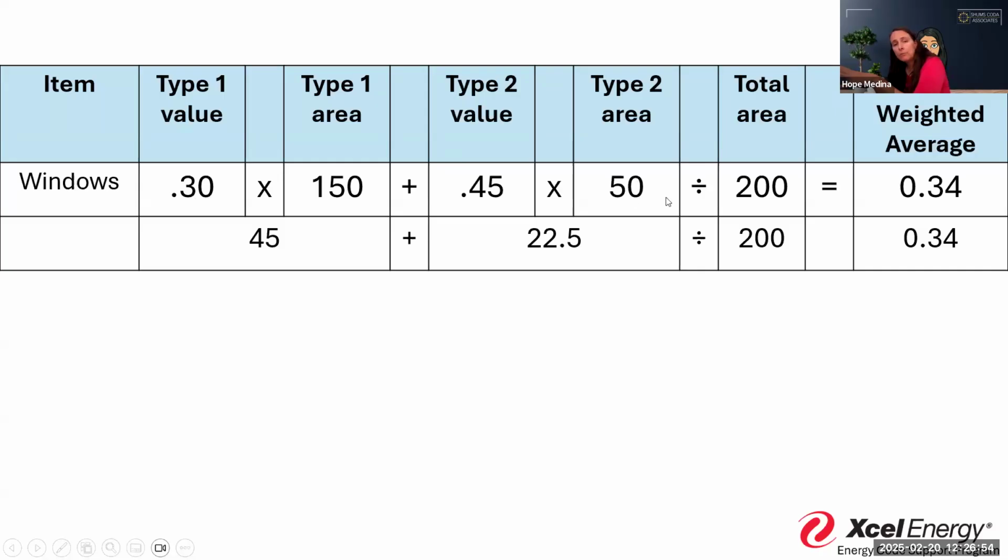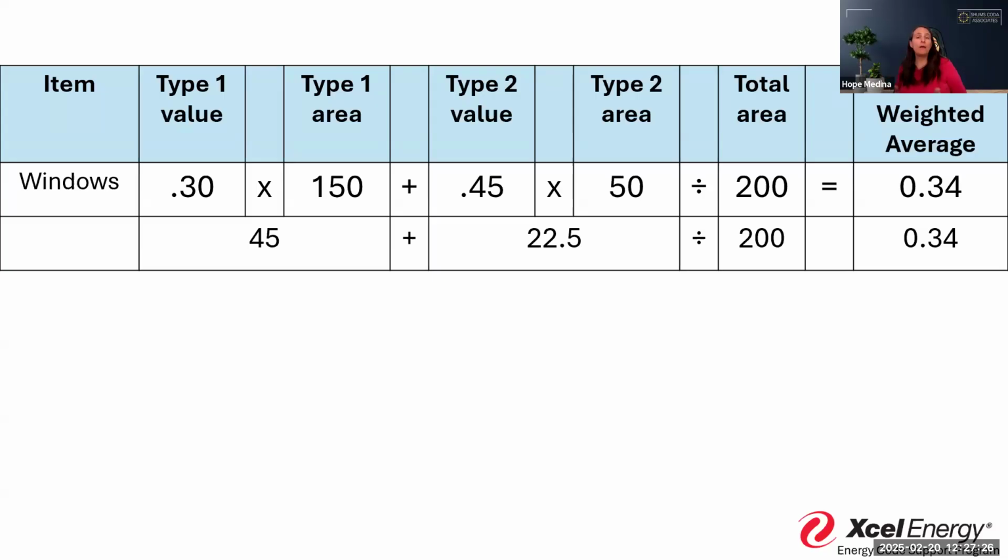Then we take the second window type, and it happens to be a 0.45, and the area is only 50 square feet or square inches, whatever it is. And so we multiply the 0.45 times the 50, which gives us 22.5. So now when we take 45 plus 22.5, that gives us 67.5.